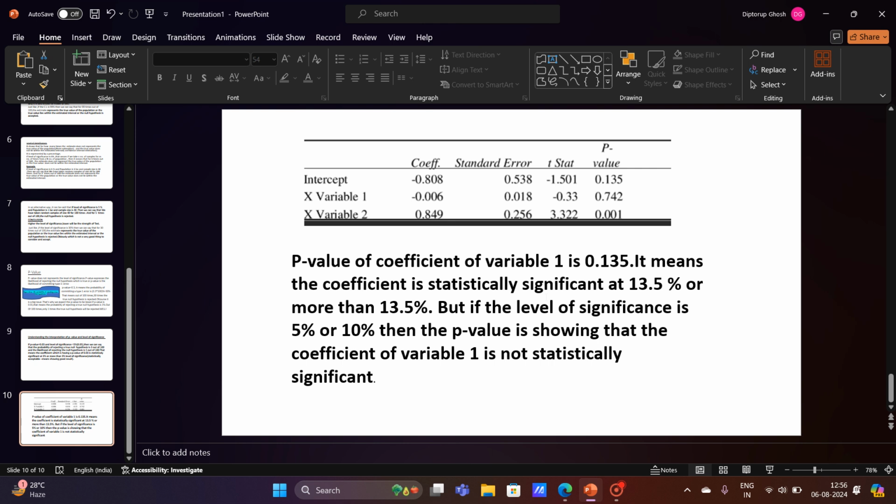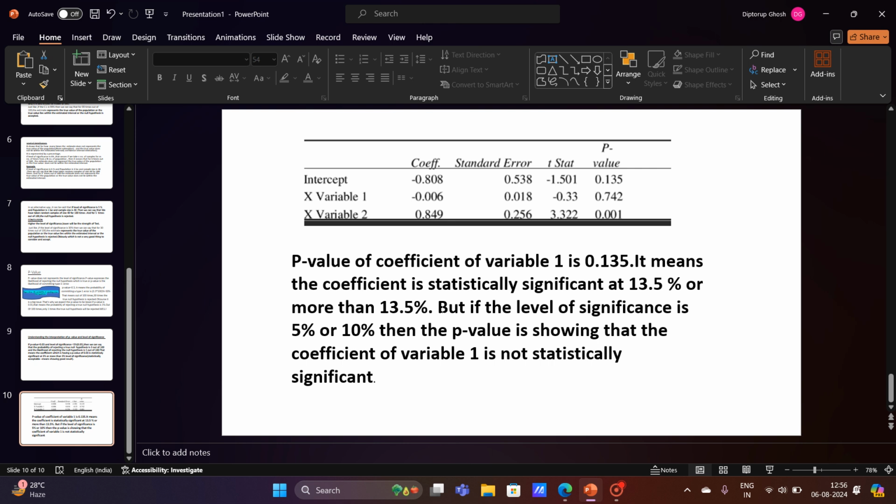If the p-value is 0.135, just multiply this p-value with 100. You will get the value of 13.5. So that means the coefficient will be statistically significant at 13.5% or more than 13.5% level of significance.